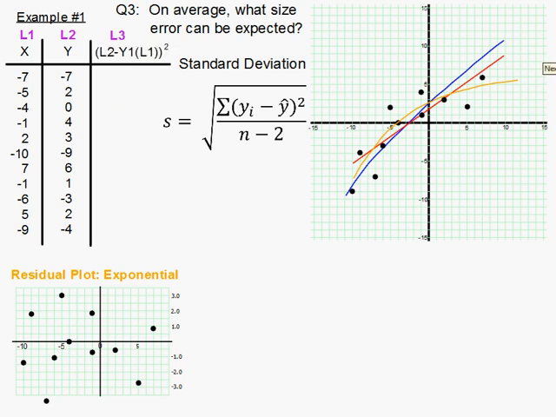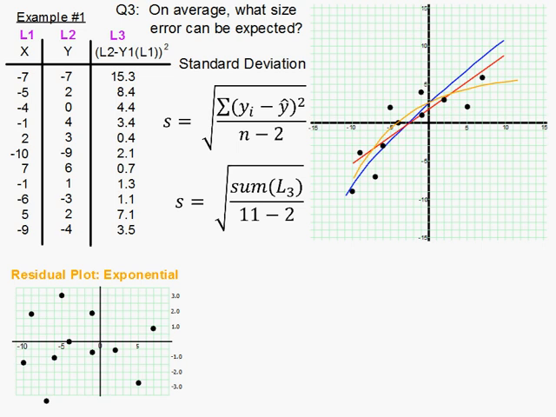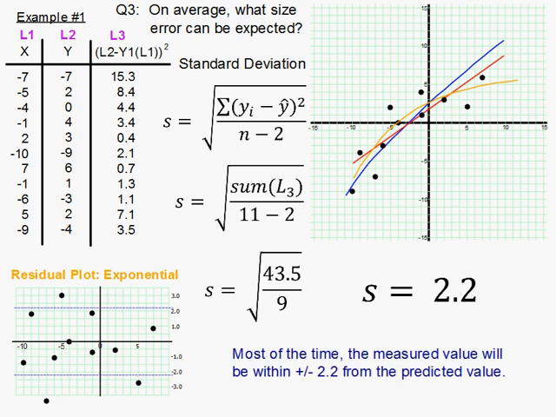And so what we can do is calculate those squared errors, and then we can go through our sample standard deviation calculation, and we get 2.2, and we should always write that out in an interpretive statement. Most of the time, the measured values will be within plus or minus 2.2 from the predicted value. And you can see, I've put it on the graph over here, it creates this sort of zone of the typical error.